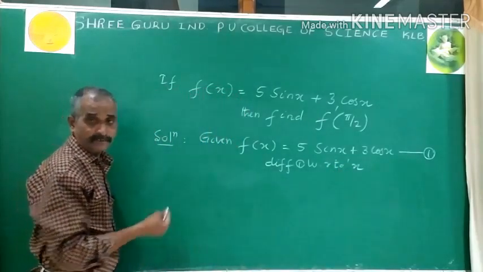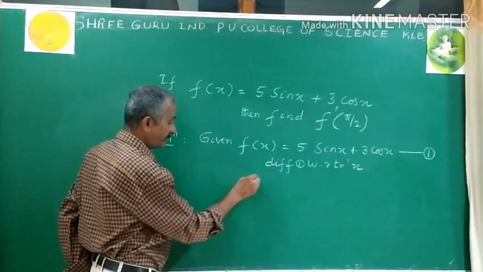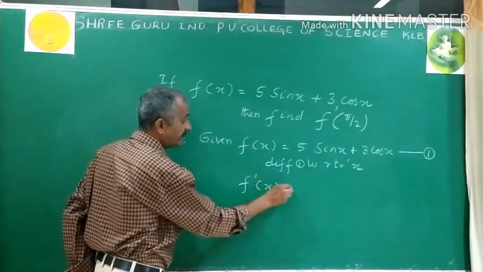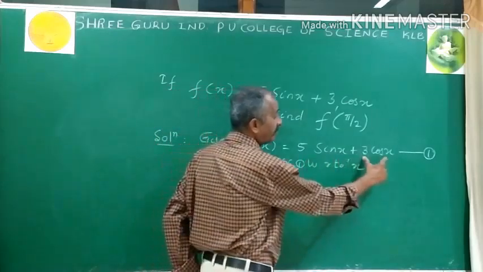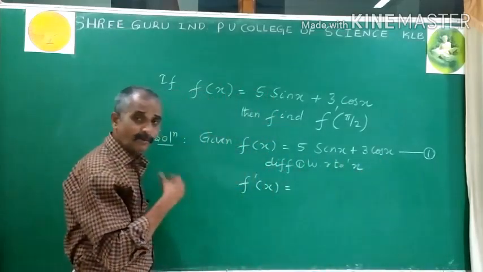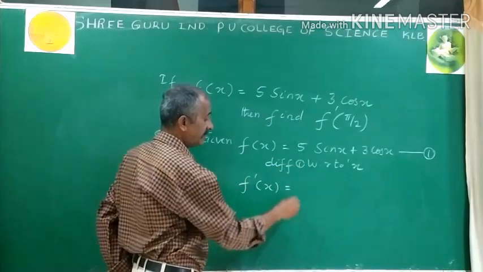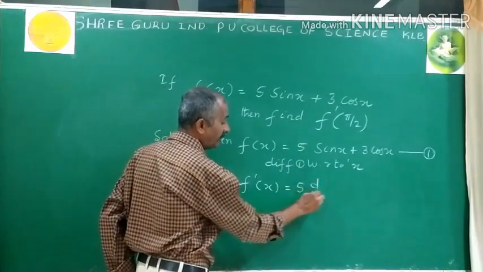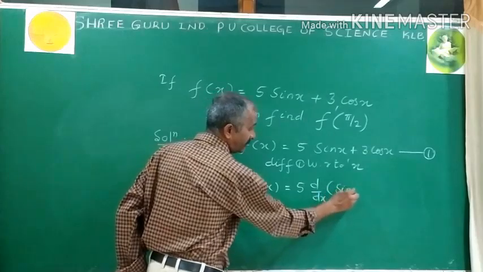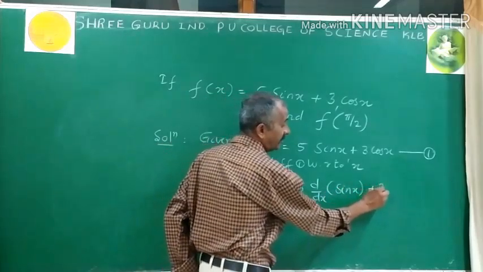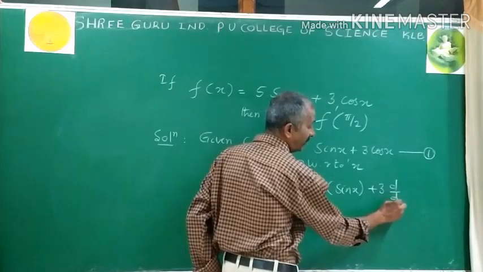Left hand side will be f dash of x, whereas on the right hand side, using the sum rule, both terms must be differentiated obeying the possible rules. Here 5 is a constant, keep it outside, into the derivative of sin x. Whereas in the next term 3 is a constant, keep it outside, into the derivative of cos x.